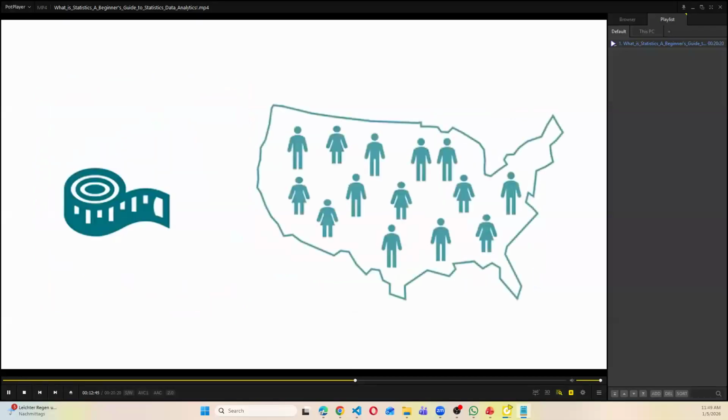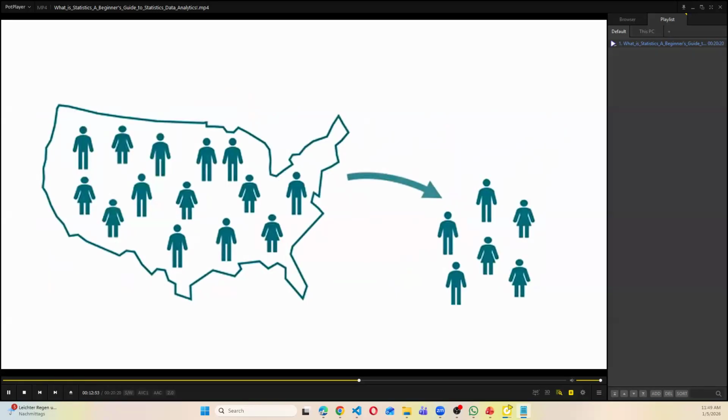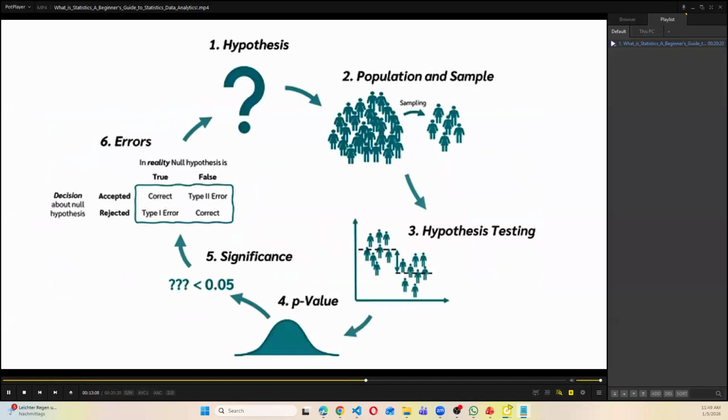If you want to study the average height of all adults in the United States, then the population would be all adults in the United States. The sample is a smaller group we actually study, chosen from the population. For example, 150 adults were selected from the United States. And now we want to use the sample to make a statement about the population. And here are the 6 steps how to do that.